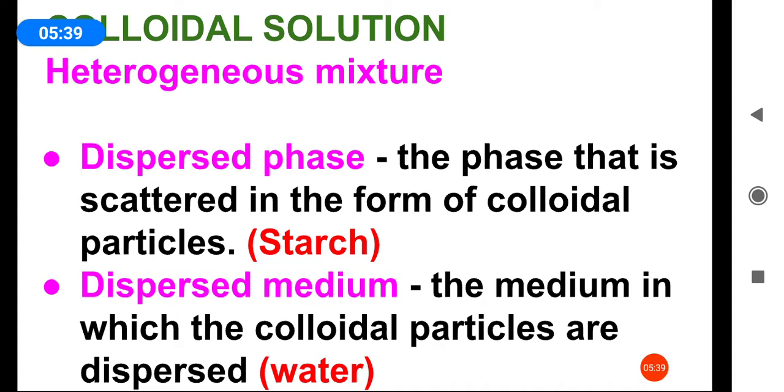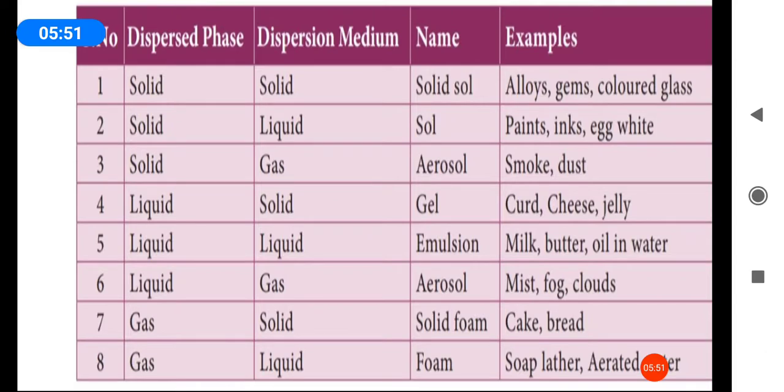In a starch solution, starch represents the dispersed phase, while water represents the dispersion medium. Here in this table we can see some of the classification of colloids based on the physical state of the dispersed phase and dispersion medium.